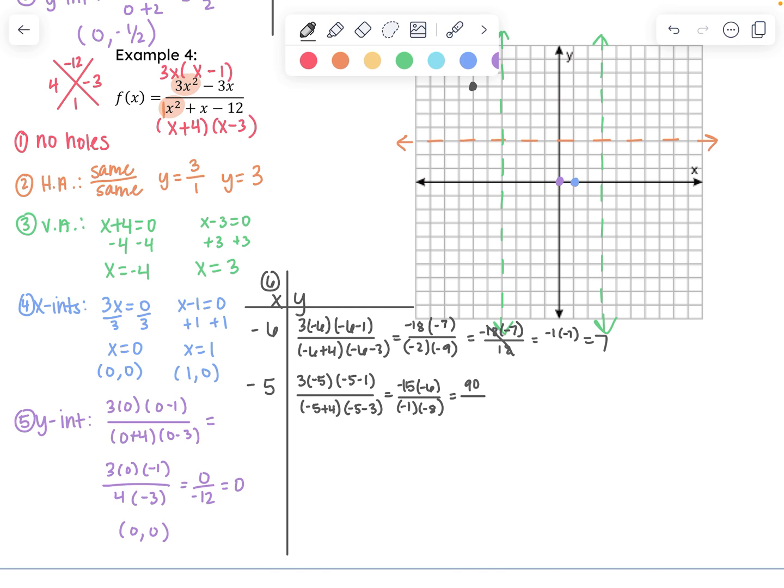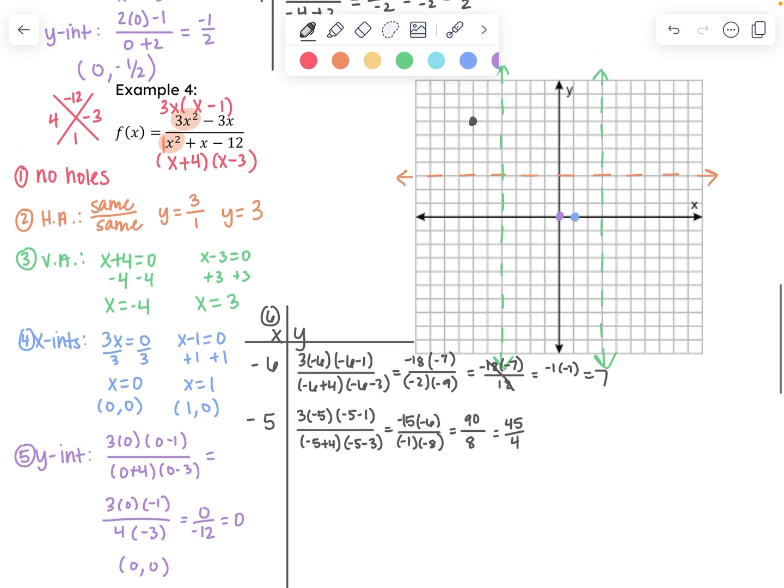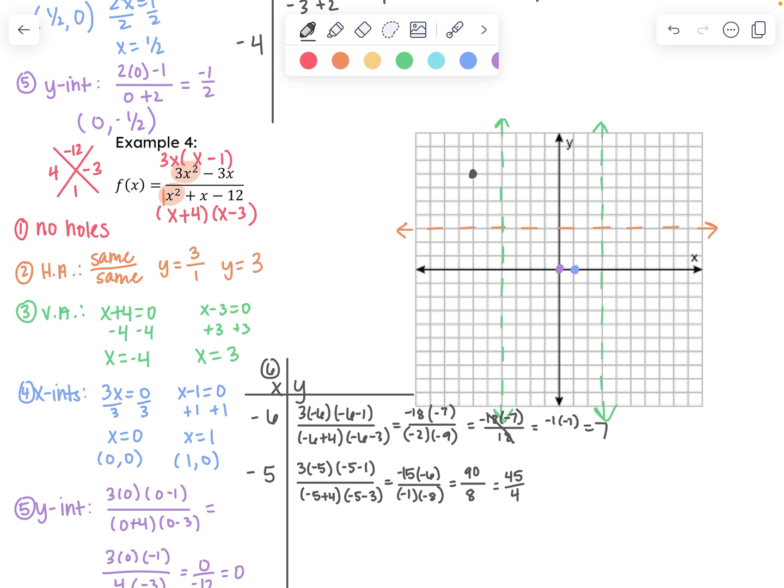On the bottom, negative 1 times negative 8, which is going to give me 8. I can divide both of those by 2, which would give me 45 over 4, which is about 11.25. So that's kind of off our graph, but I'm going to put it about right there. And that gives me enough points to connect up here.